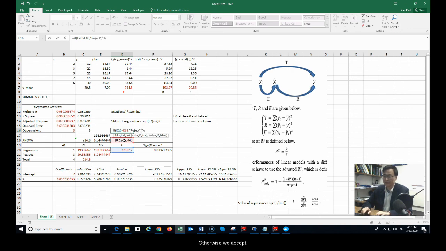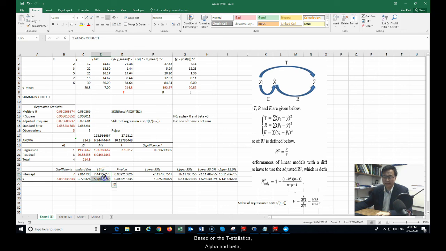Otherwise, we accept. So our decision is we reject the null hypothesis. Based on this part 3, we know alpha and beta both are not 0. So we reject.